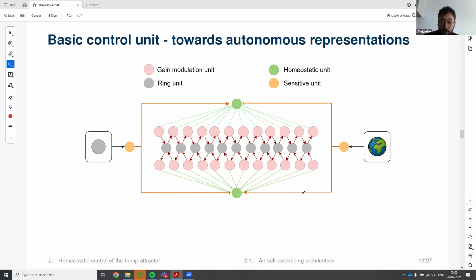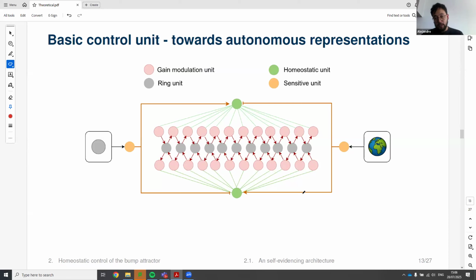Now we're going to go to the second part, which is putting all these observations together into a network that we believe supports something like an autonomous representation that can be controlled, and it will essentially move or act on the environment depending on changes in that environment.